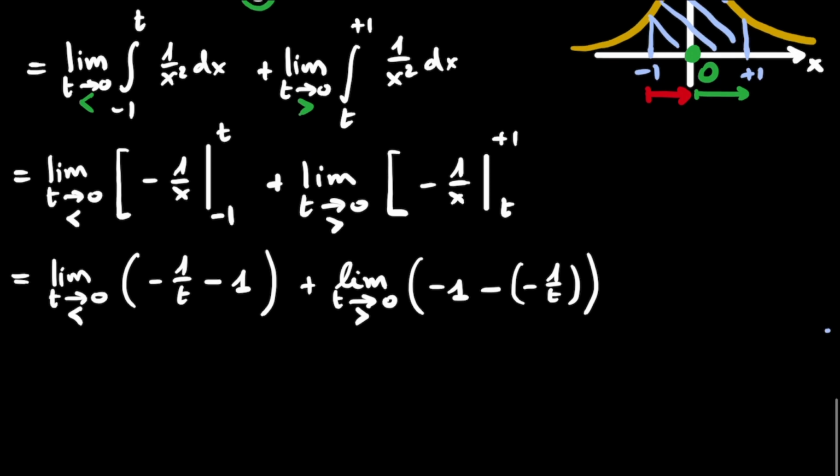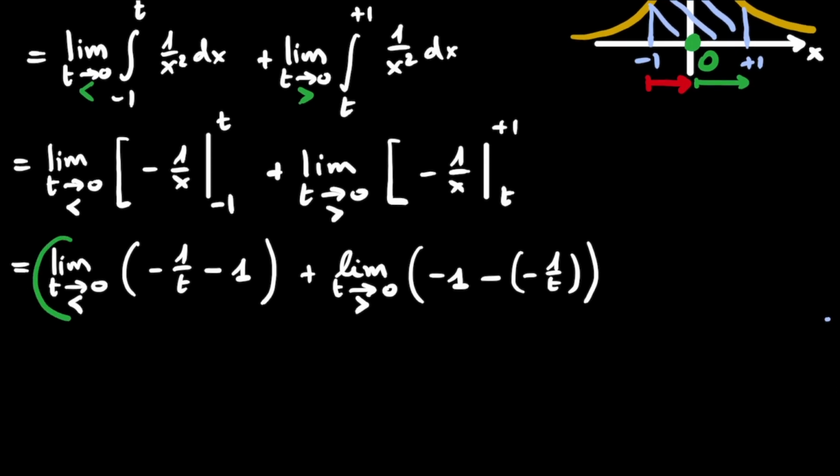And again, at this point, we are ready to take these limiting procedures, but they will only apply to these terms which actually have a t inside of them, and we get the following. We get the limit of t going to 0 from below, so a negative number, inside -1 over t becomes -1 over minus a very small number, and therefore this becomes plus infinity. Then we have this -1, which just remains as it is, and we do the same for the second integral, but this time this t is a slightly positive number, so it approaches 0 from above.